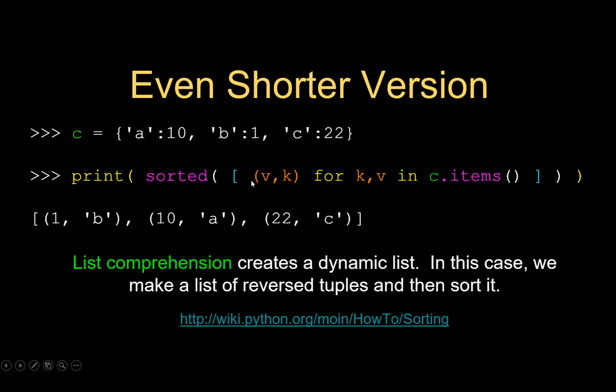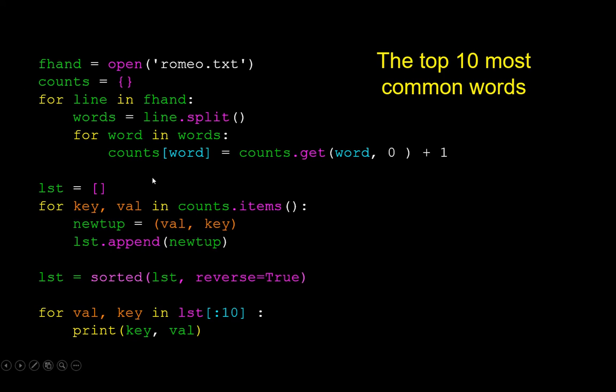On top of that, we're going to sort it. We don't use the reverse function anymore, we just use the normal sort, so it's going to sort ascending. We start from 1, 10, and 22, and we're going to print it. This is the more concise and succinct version of the code that we talked about previously in this slide.